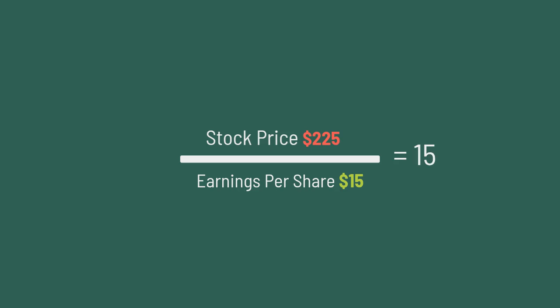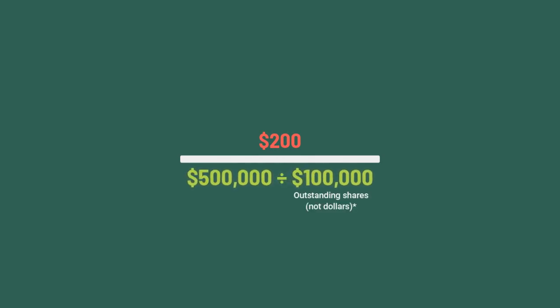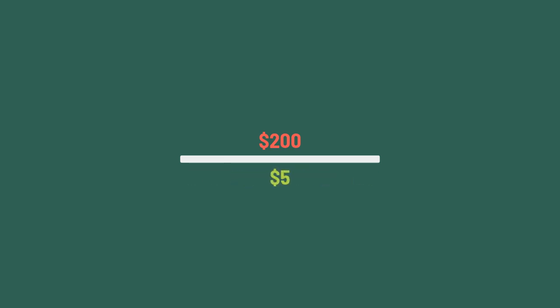So you're paying 15 times the earnings per share for the stock, or you're valuing each dollar of profits at $15. If instead, a business is trading at $200 a share, has 100,000 outstanding shares, and their earnings this year were $500,000, the earnings per share for this business will be $5.